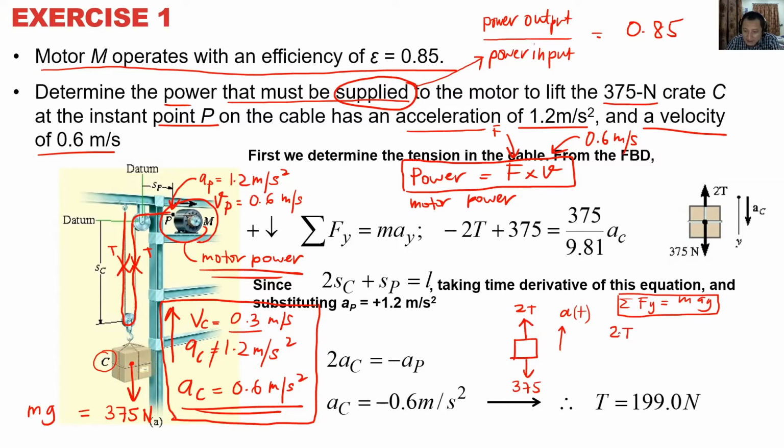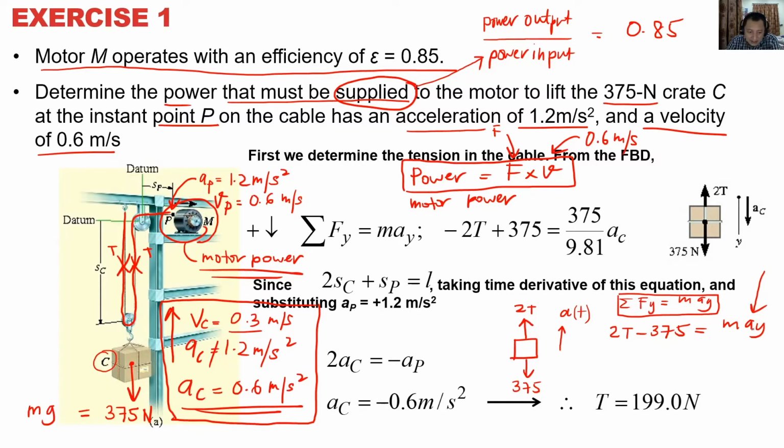2T going up is positive, minus 375. 2T minus 375 Newton is equal to MA.